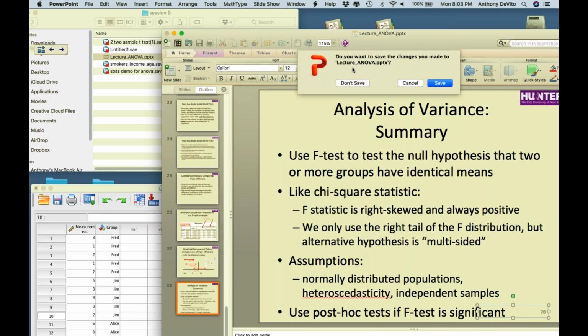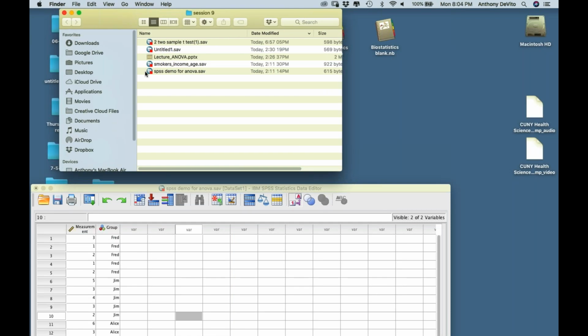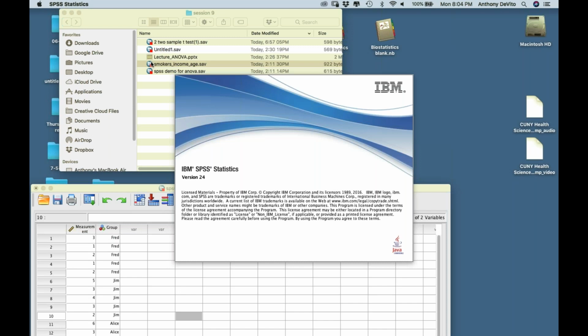Okay, I want to do one more thing, and then we'll call it a night. There's a data set on here. Let's see which one it is. I think it is smokers, smokers' income and age. I want to open that up. It's going to have numerical and categorical variables that we will be able to apply this test to.